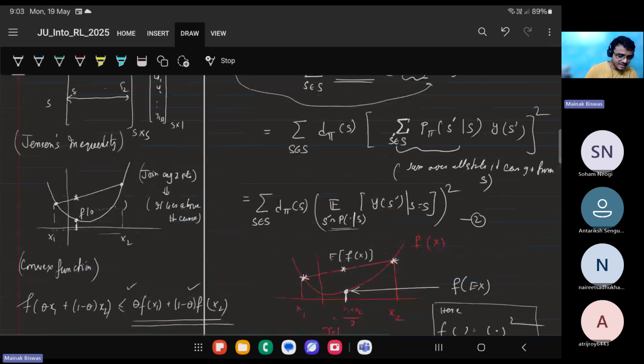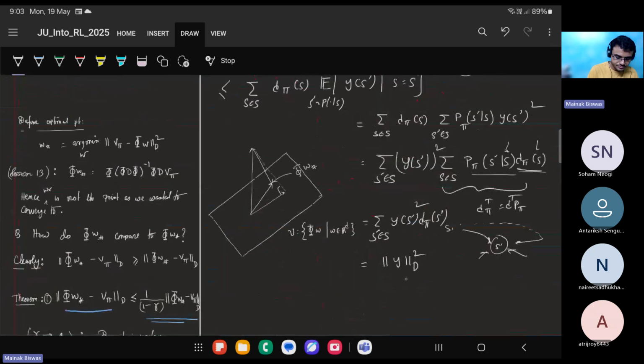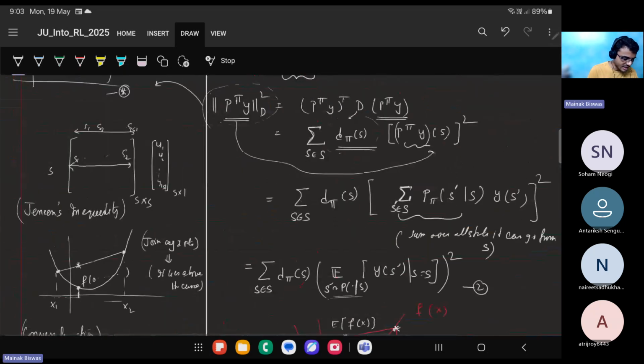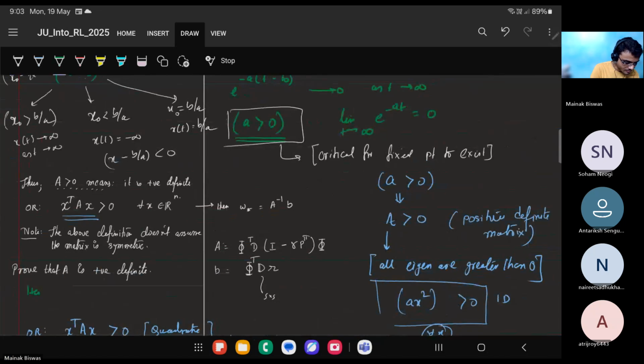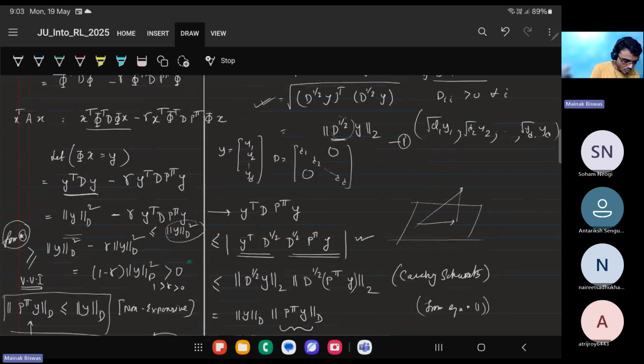So we clearly see that, therefore, hence, A inverse exists. The proof is below. QED. Okay, any questions? So now we have seen A inverse exists, therefore we have a unique fixed point.